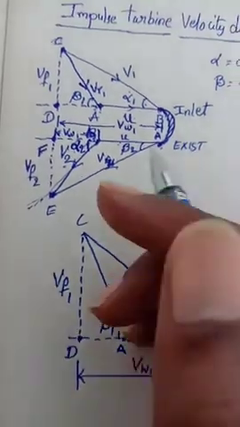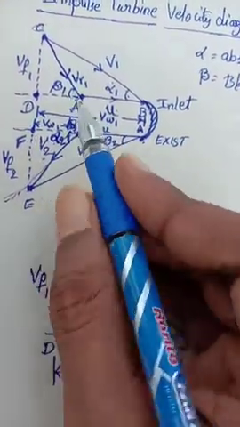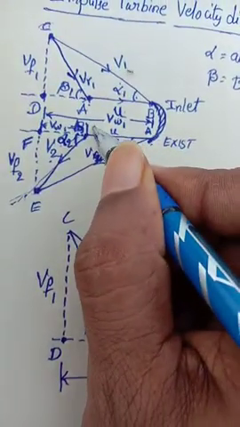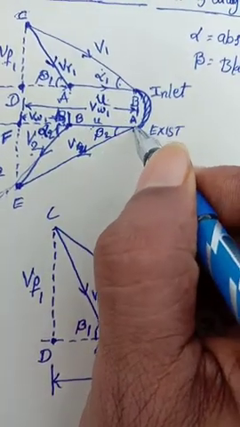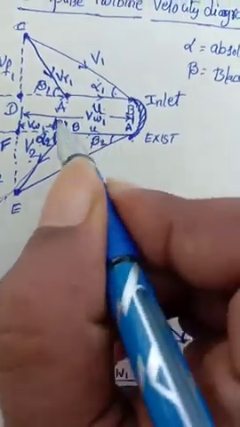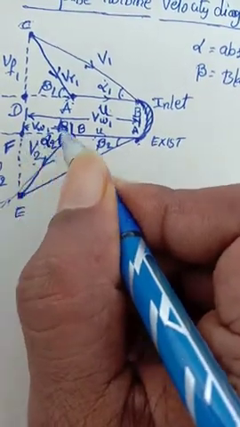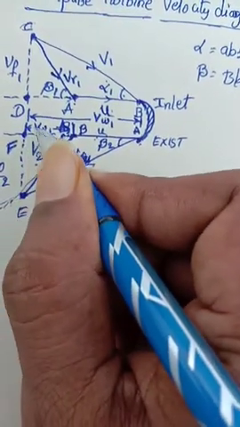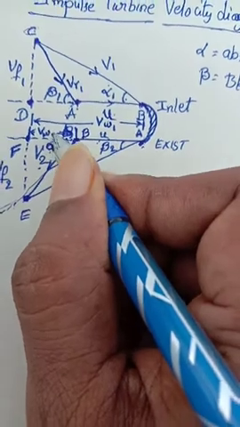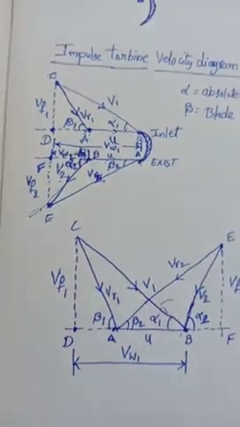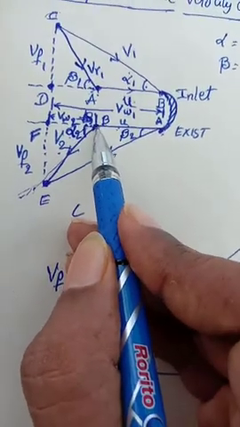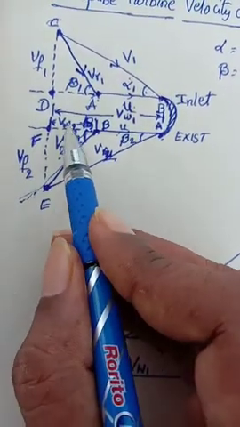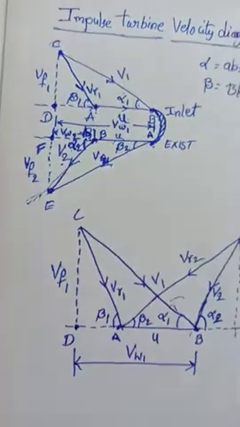Okay, now look at this. This is point B. Point A to B is blade velocity, and then B to F is relative velocity 2. Okay, so B to F is relative velocity 2.